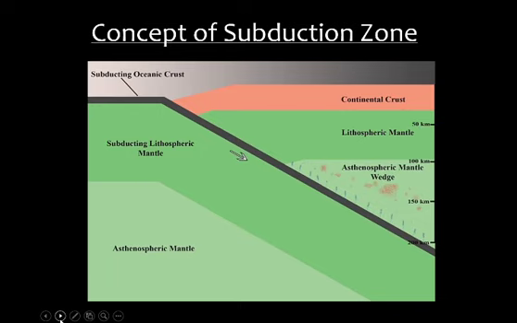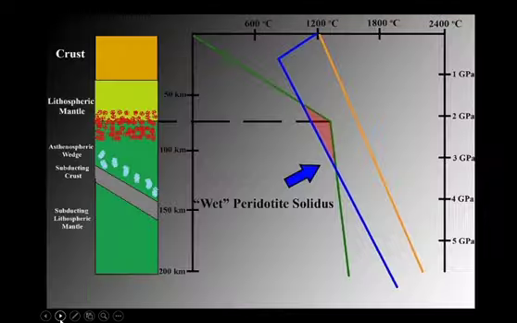Now let's see what happens for this reason. From the oceanic crust the water is released, and in the asthenospheric mantle the dry peridotite becomes wet peridotite, and that wet peridotite has a much lower temperature solidus line than the dry peridotite.